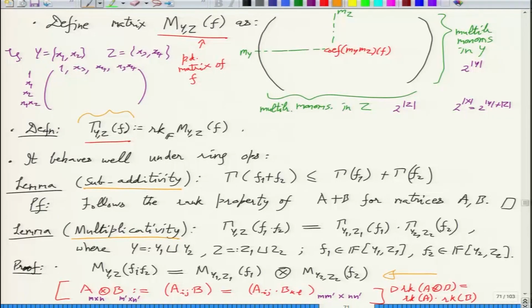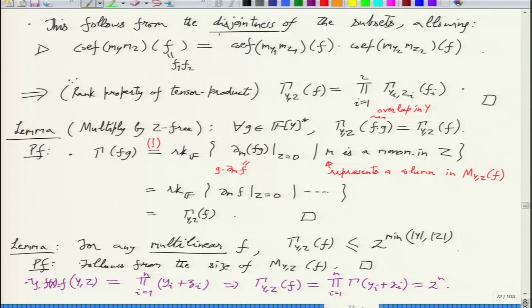So there is subadditivity, there is exact multiplicativity, and we showed that if we multiply f by a polynomial that is either y free or z free, then the measure doesn't change. This also did not need multilinearity; it is true for any polynomials.